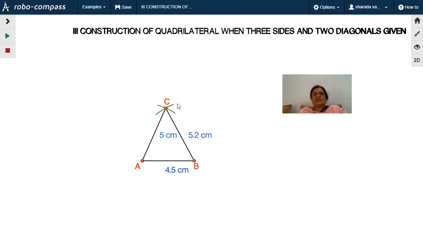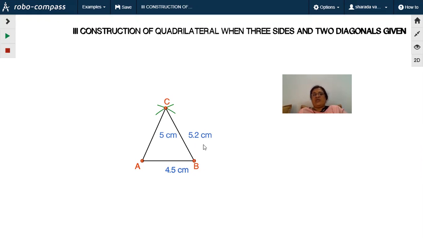Draw an arc like this, and with center A and radius 5 centimeters, now you have to draw one more arc. Let the point of intersection of these two arcs be C, and join AC and BC like this. So what you will observe now, you can observe a triangle now.